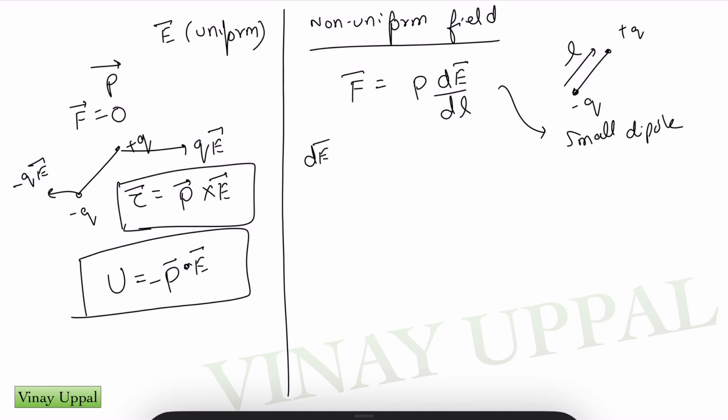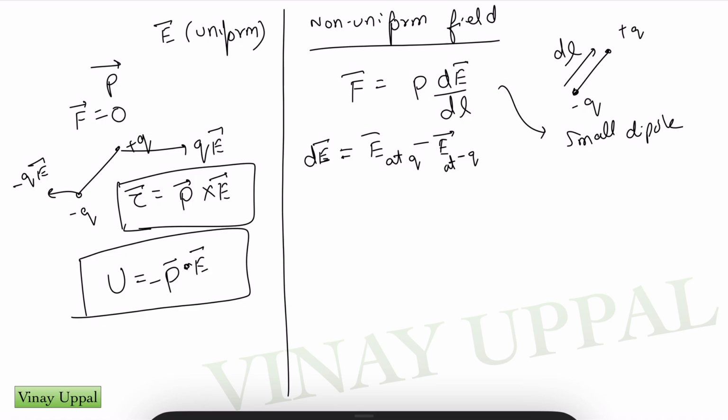What is dE here? dE is the change in electric field, or rather let me just write it as electric field at the positive charge minus electric field at minus q. So it's the change in electric field as you go from minus q to plus q, and dl basically represents the distance between minus q and plus q. So notice that the force vector is in the same direction as dE vector. That is something that you should realize.